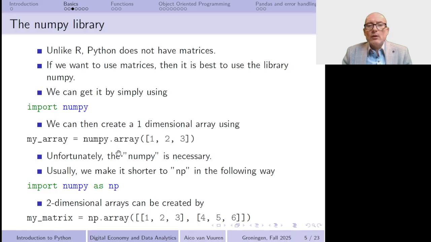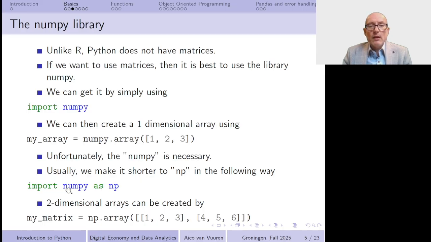That's a little bit annoying because for any kind of array that we're going to introduce, and also maybe for any other function that we're going to use from NumPy, we have to use this word numpy over here. We cannot do too much about this, but we can make life a little bit nicer by doing the following. And this is something which is very commonly done by Python programmers.